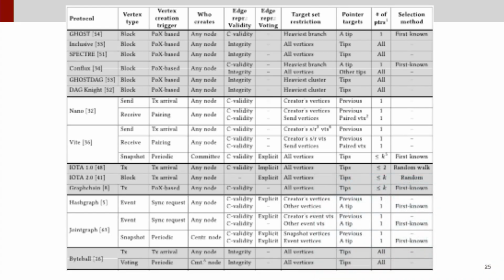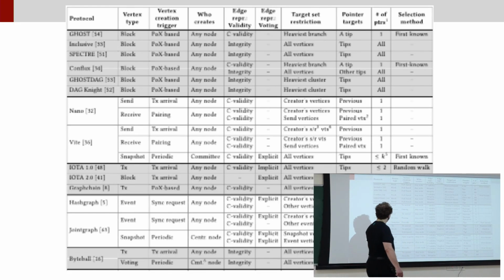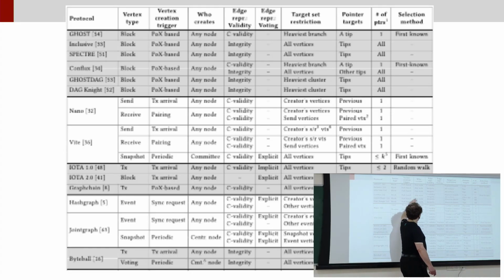And here you see classification of different systems according to the vertex type, according to the vertex creation trigger, who creates the vertex. So the options here could be any node or could be committee, and it could be committee node.